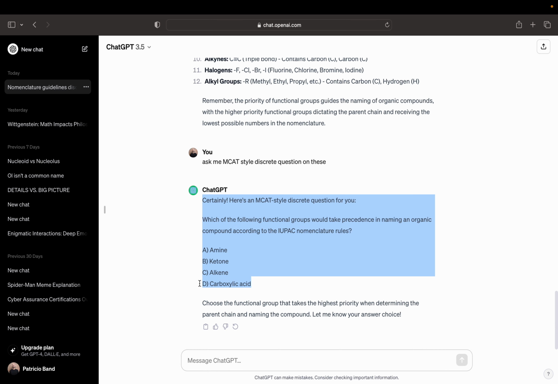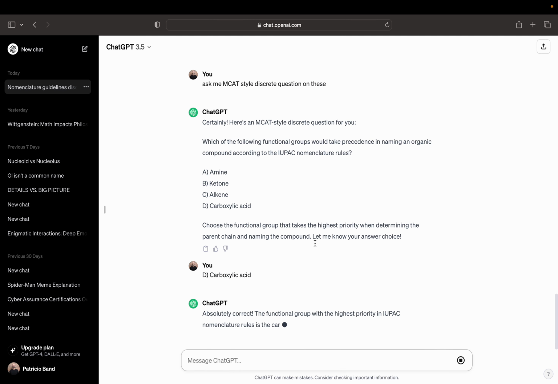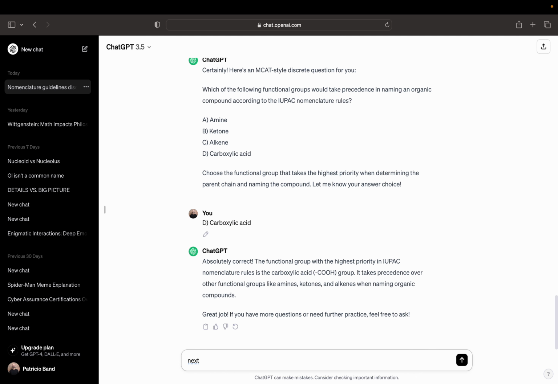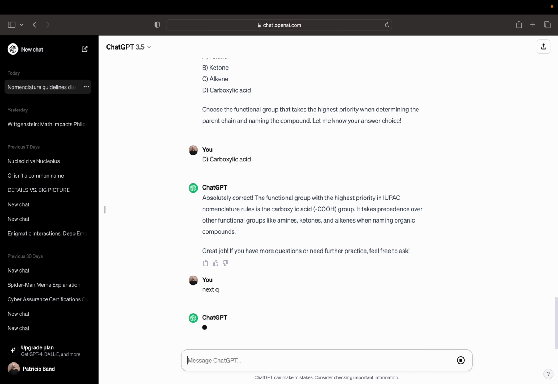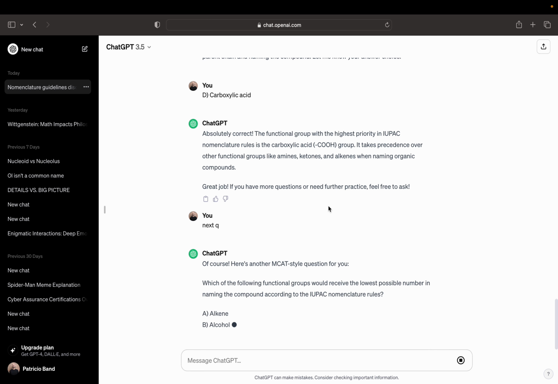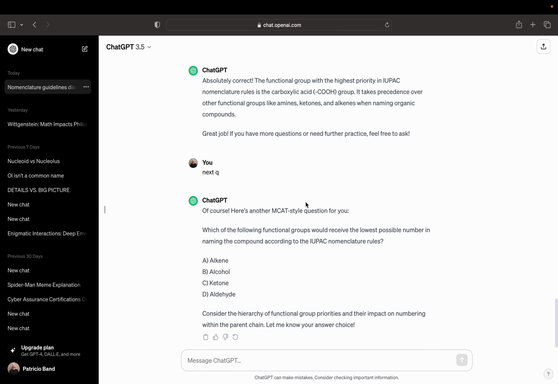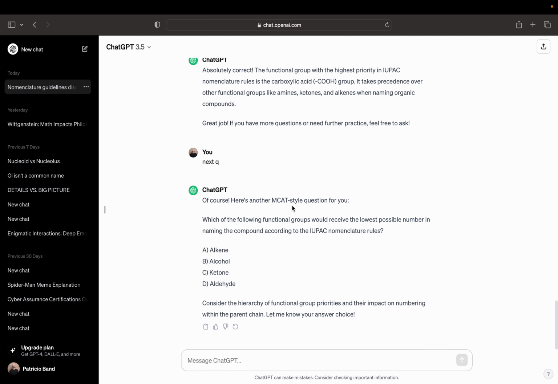So carboxylic acid. Alkane, alcohol, ketone, aldehyde.